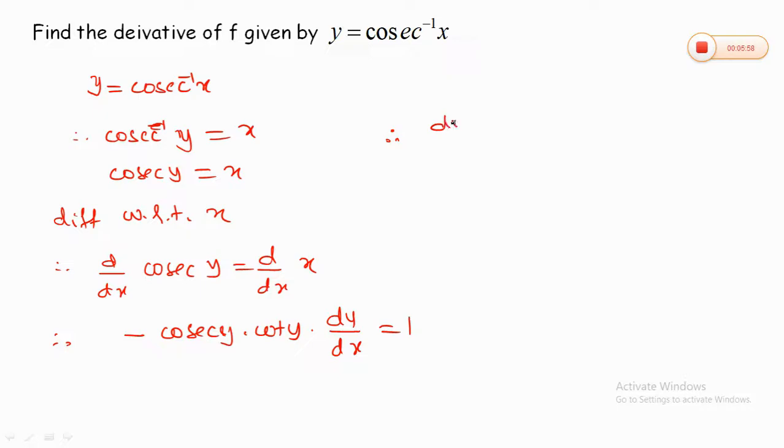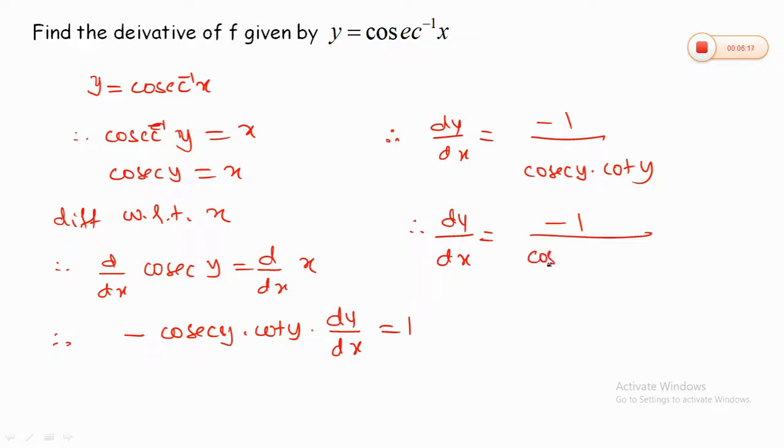Therefore dy upon dx equal to minus 1 upon cosec y into cot y, similarly as in the previous case. Therefore dy by dx equal to minus 1 upon cosec y into root of cosec square y minus 1.